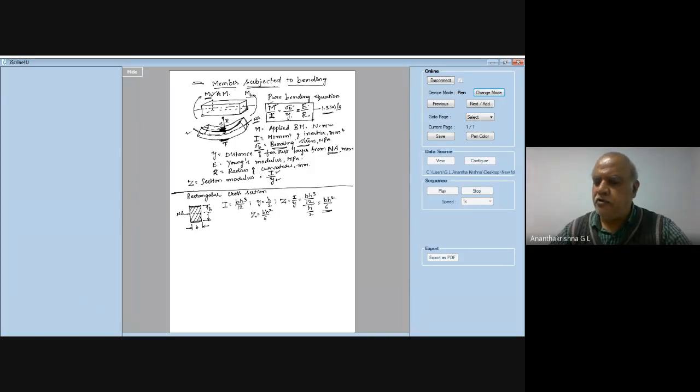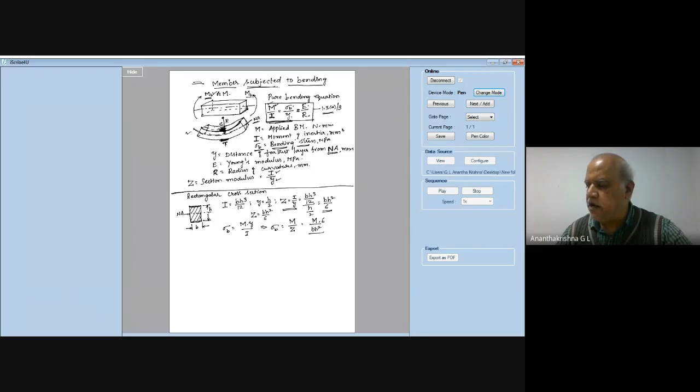And then from the pure bending equation, bending stress sigma b is equal to M into y by I. Correct? This I by y is section modulus Z, so y by I is going to be 1 by Z. Therefore sigma b is M by Z. So bending stress is M divided by, for a rectangular cross section, bh square by 6.